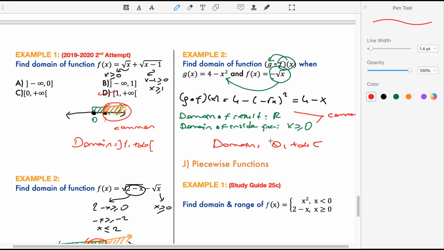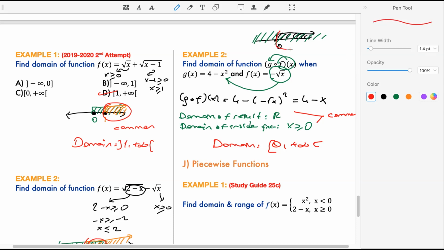0 to infinity. Okay, you can make a number line and put this on the number line. 0 to infinity, shade the right side. And for the result, all real numbers are possible. And take the common part. I have green here. I have black and green together here.